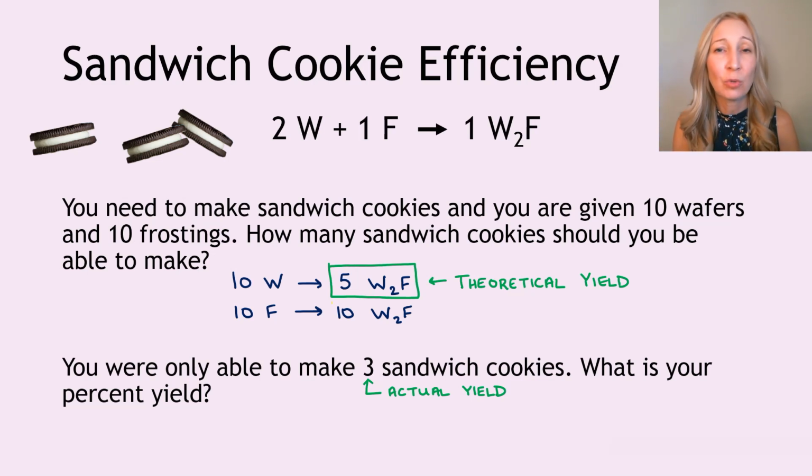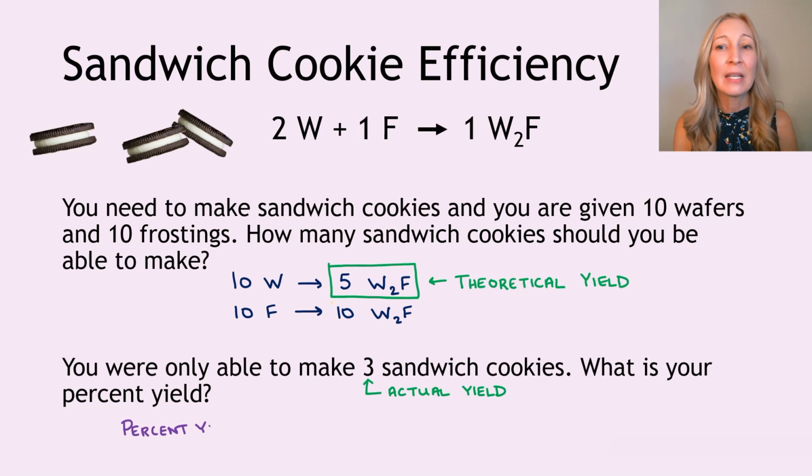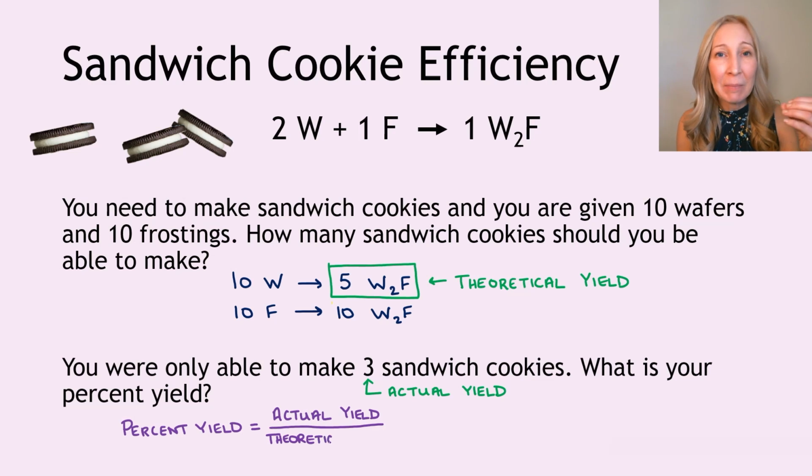And one way to compare the actual versus the theoretical yield is by calculating something called a percent yield. The percent yield is the percentage of the theoretical yield that was actually made. It's the ratio of actual over theoretical times 100% to convert it to a percentage.